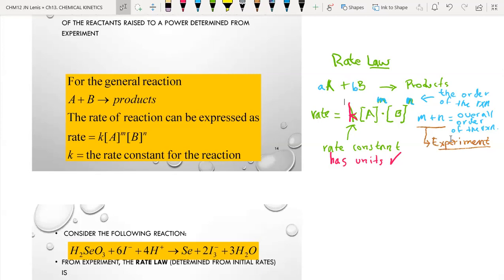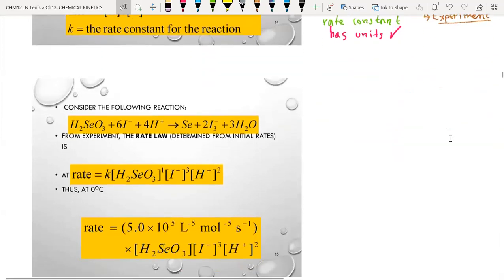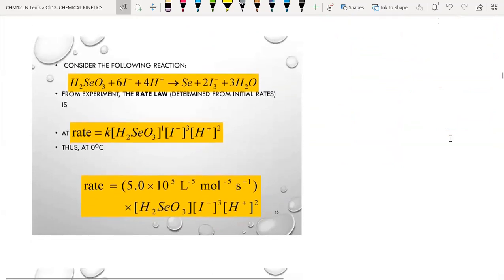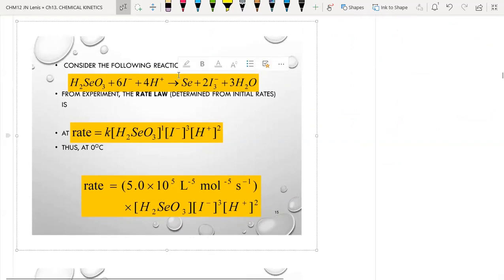So let's see one example here. Look at this example. For this particular reaction, it is balanced already.